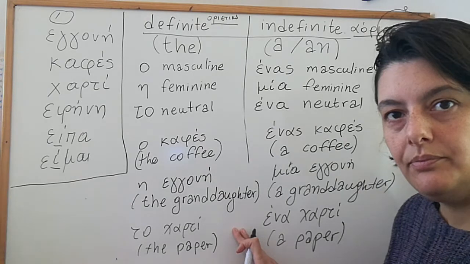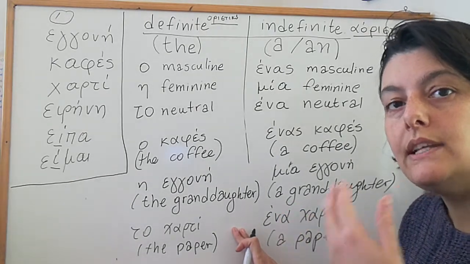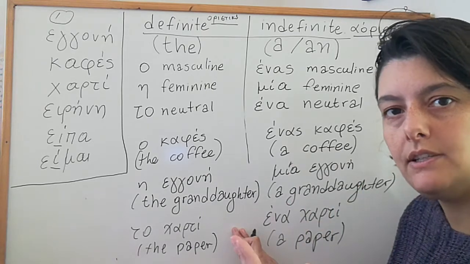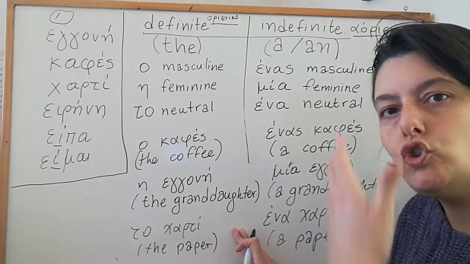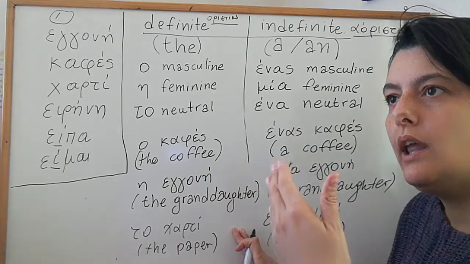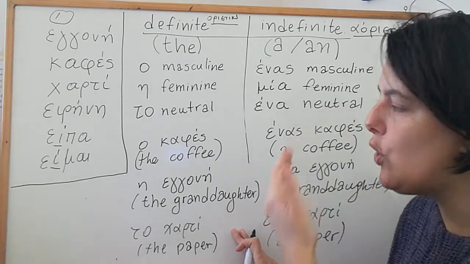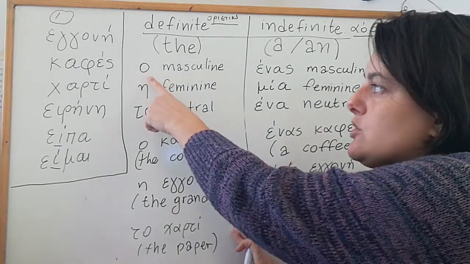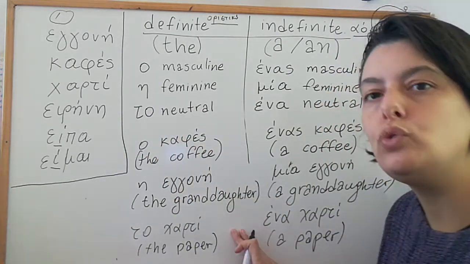In Greek, all articles, definite and indefinite articles, can be conjugated. So like we conjugate a verb like I am, you are, he, she is, it is, we can also conjugate the masculine, we can conjugate the feminine, we can conjugate the neutral.